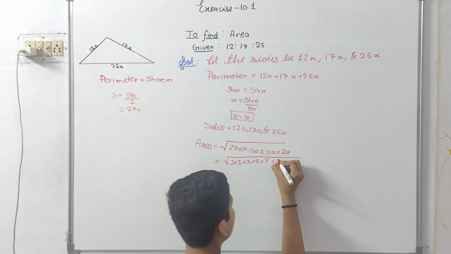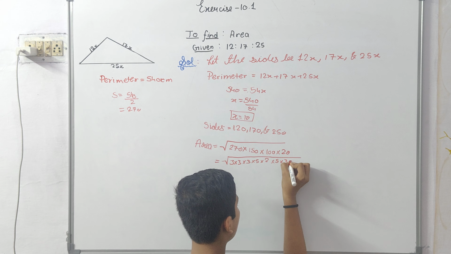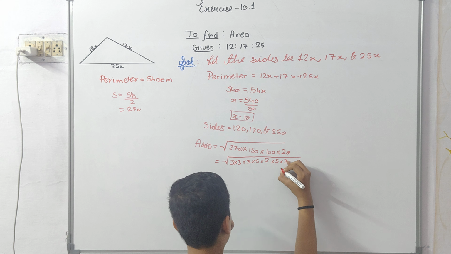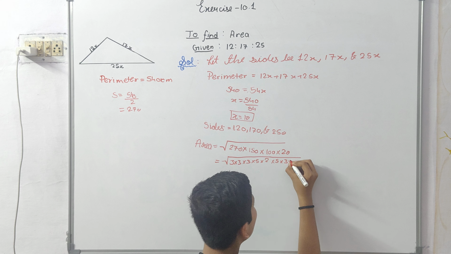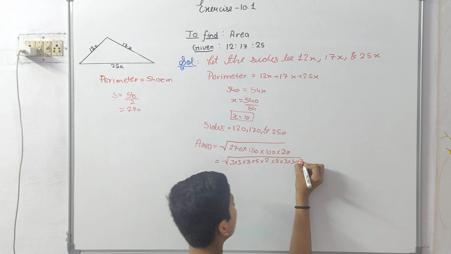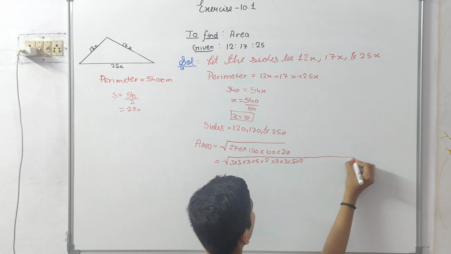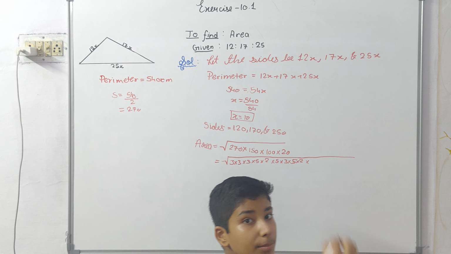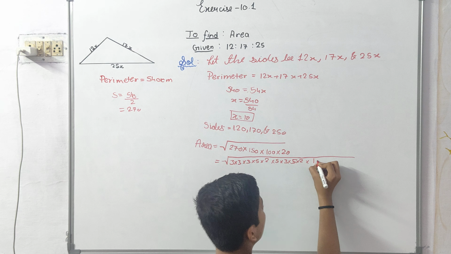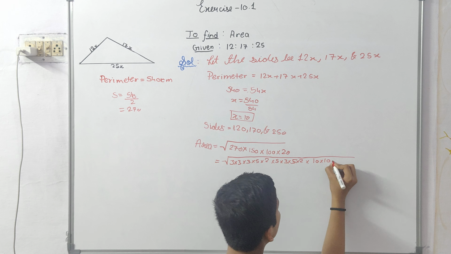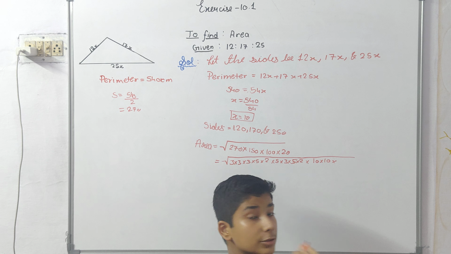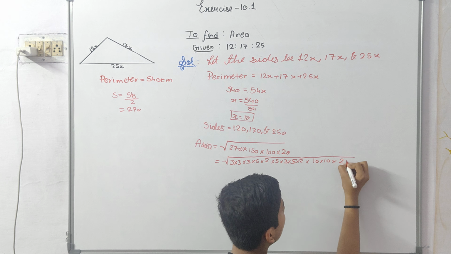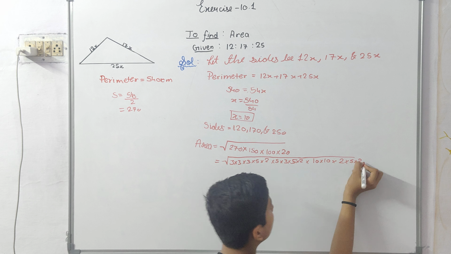And 150 can be written as 5 into 3 into 5 into 2. Let's continue. 100 can be written as 10 into 10, and 20 can be written as 2 into 5 into 2.